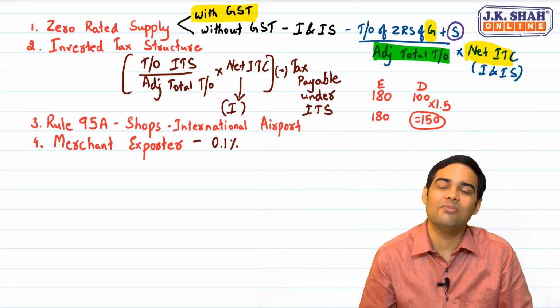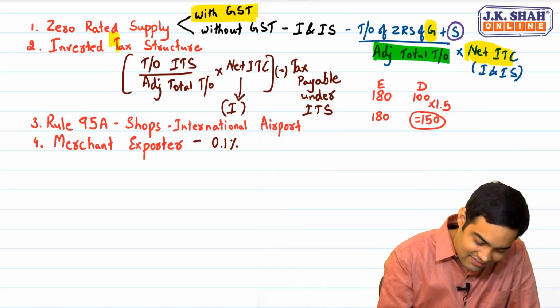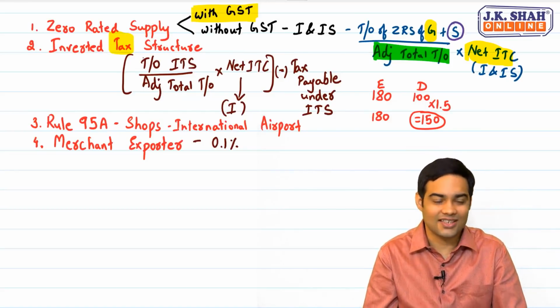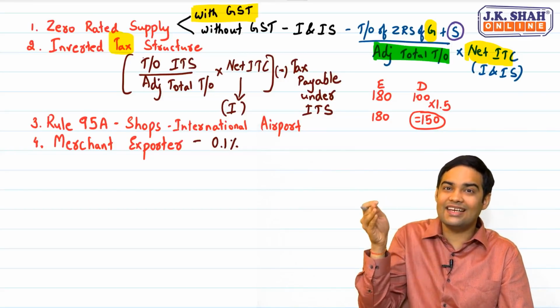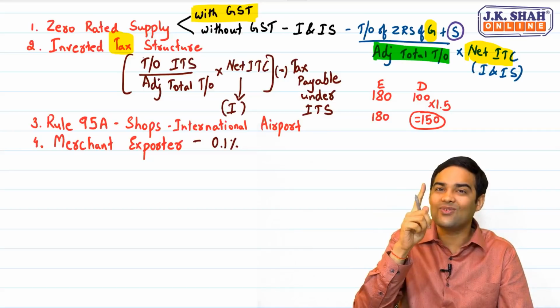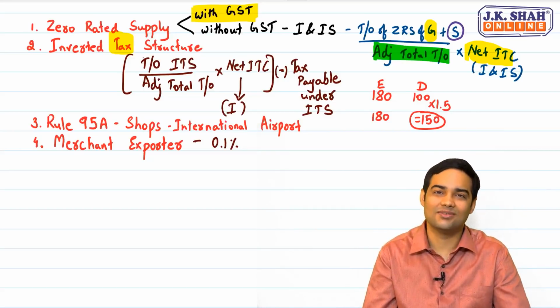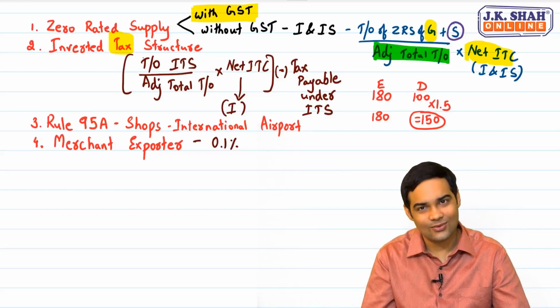Manufacturer will be able to claim a refund under inverted tax structure. Why do I say inverted tax structure? Because from the angle of manufacturer, he is purchasing at 12%, 18% and supplying it at 0.1%. So it's a case of inverted tax structure. He would be eligible for refund in case of inverted tax structure. Clear with this?